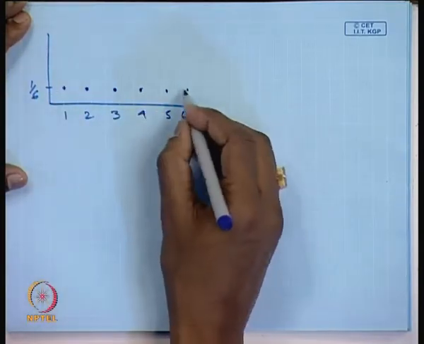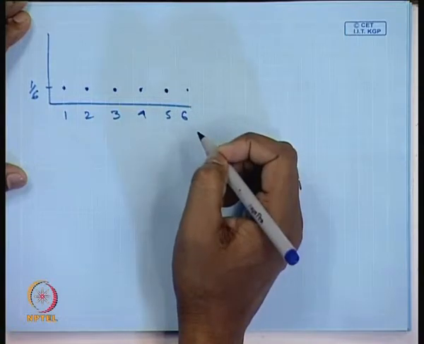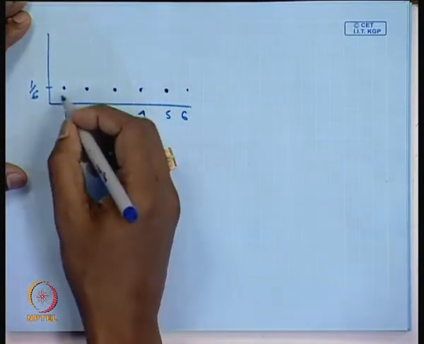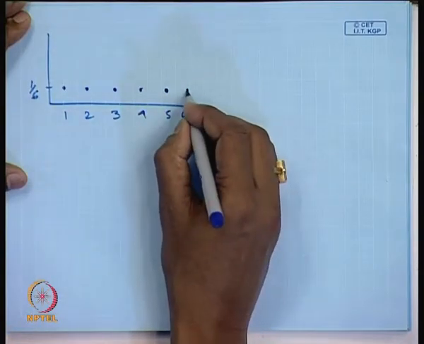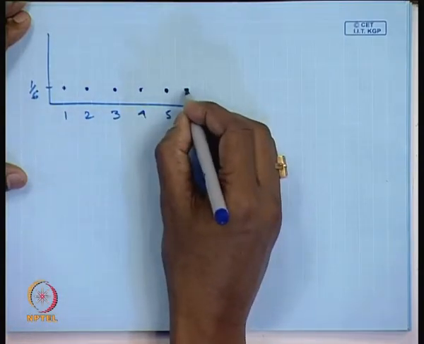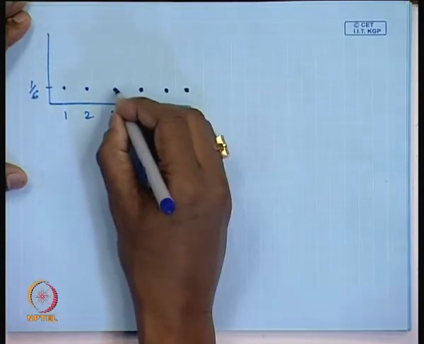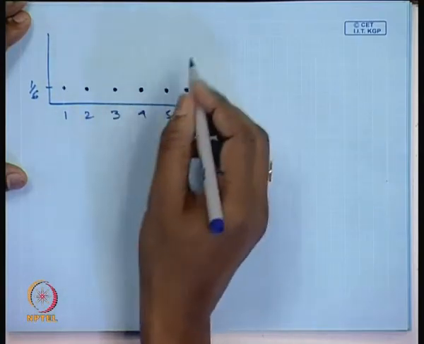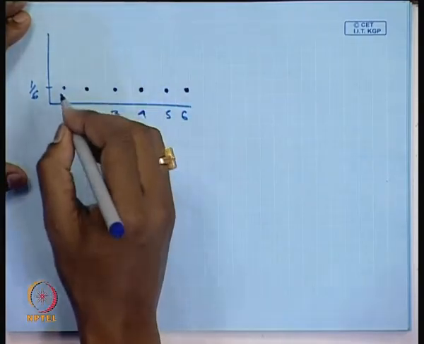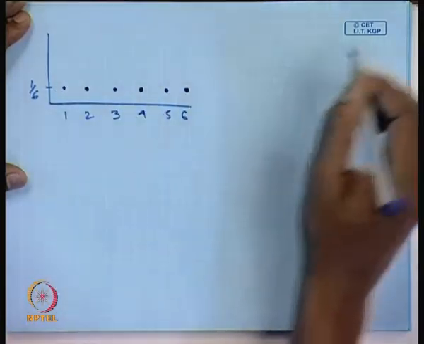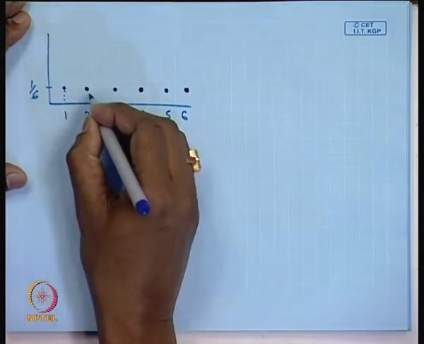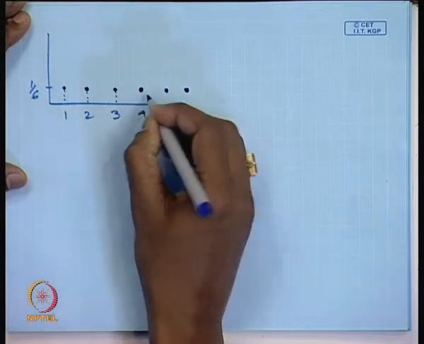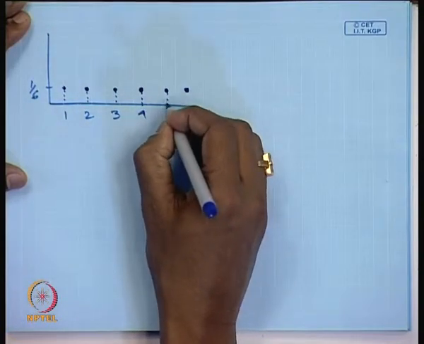Basically, this should be the representation of this PMF, and in some books you will see a stem diagram or something like that, but as we are saying these are concentrated masses of probability, that is why the name PMF. So these dots are sufficient to declare that this is a PMF, but just for reference we can put one dotted line like this, just to indicate that this refers to that particular outcome.